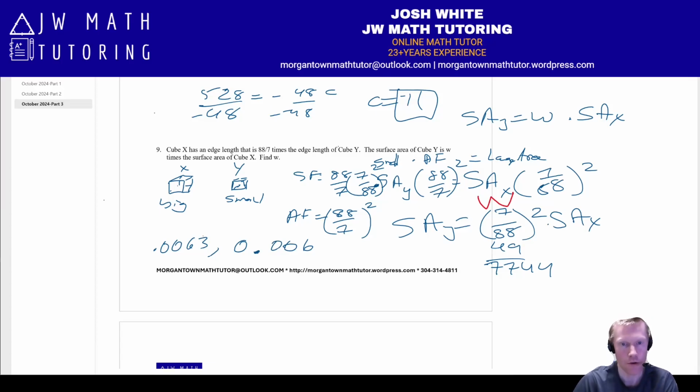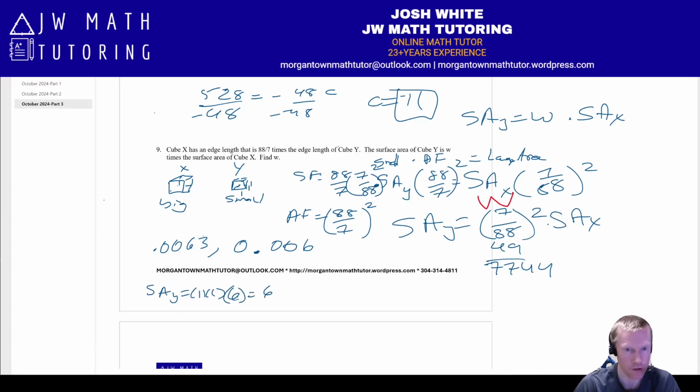Okay, so this is the theoretical explanation behind it. Now I'm going to actually do it out, picking some numbers and showing you, using actual numbers, how it works out. So let's say cube y has sides 1, 1, and 1. Therefore the surface area for y is going to be 1 times 1, the area of one face, and then times 6, because they're all equal, because it's a cube.